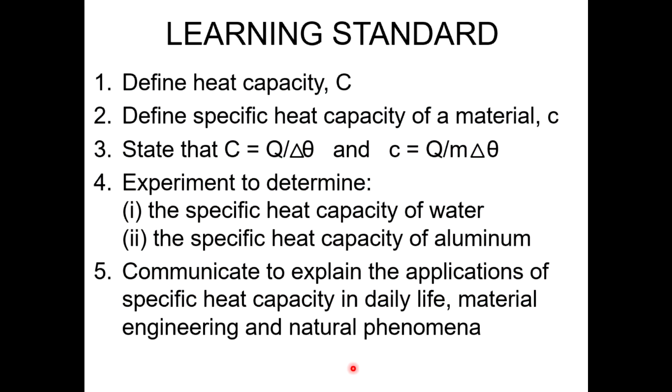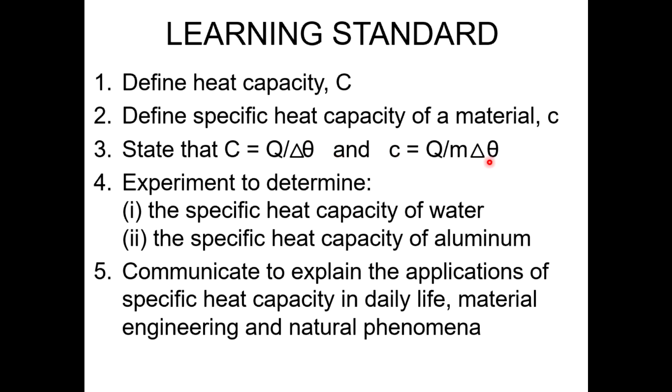Okay, so these are our learning standards for today's lesson. Number one, define heat capacity. We are using symbol capital C for heat capacity. And then define specific heat capacity, for which we are using small c. Then number three, to state the formula of heat capacity and specific heat capacity, you can see the formula here.